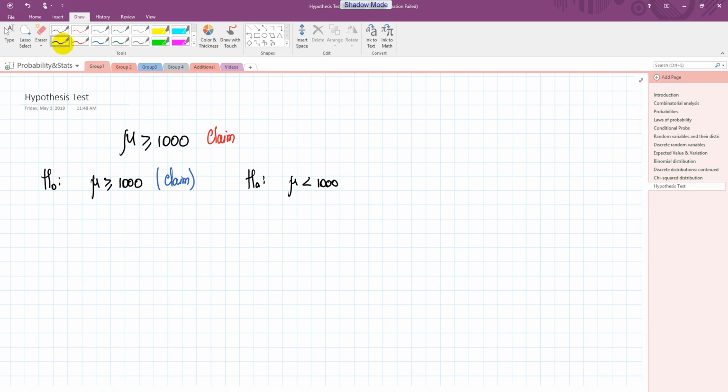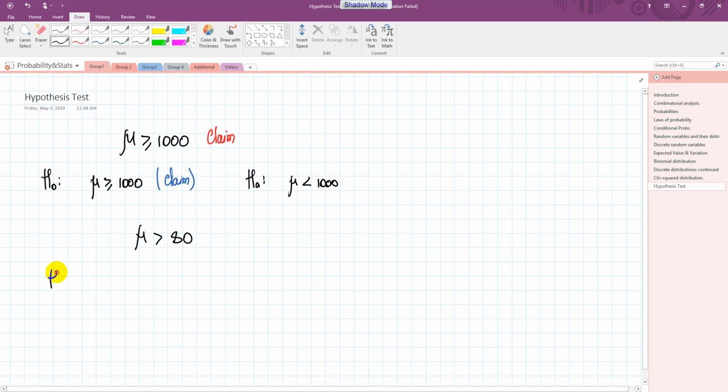So let's assume that I would like to estimate the average IQ of all the students. And I'm claiming, hey, the average IQ of all the students in this university is more than 80. Okay? So for this claim, I'm going to construct the null hypothesis and alternative hypothesis.